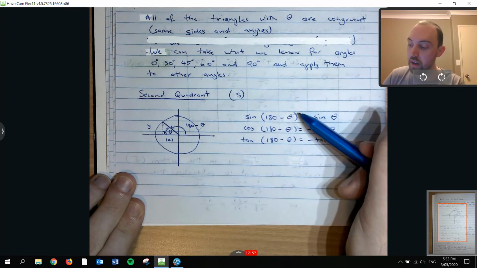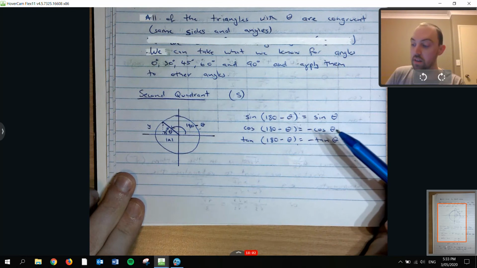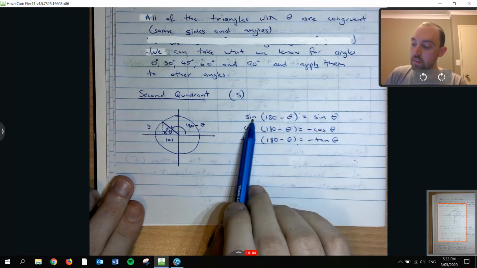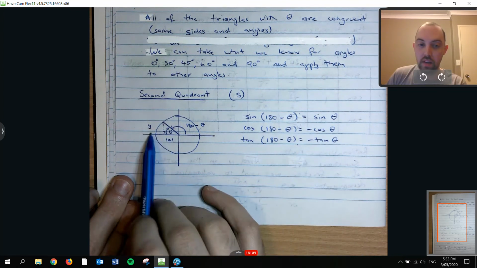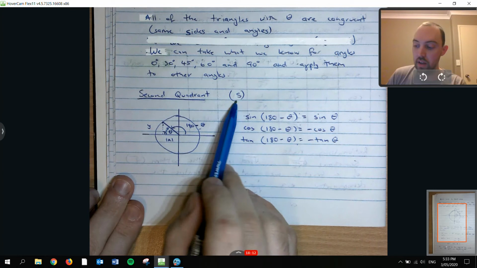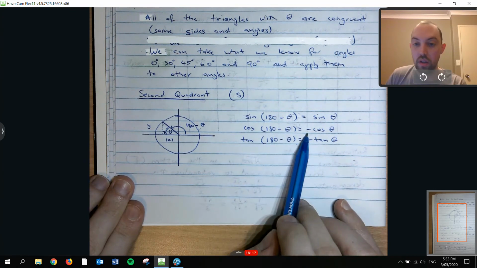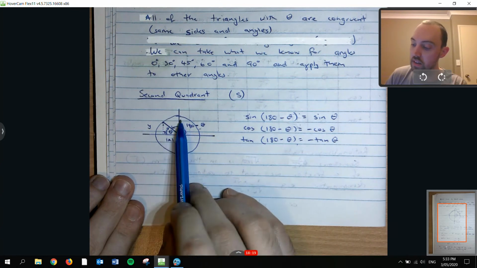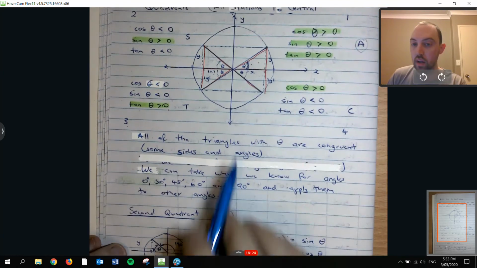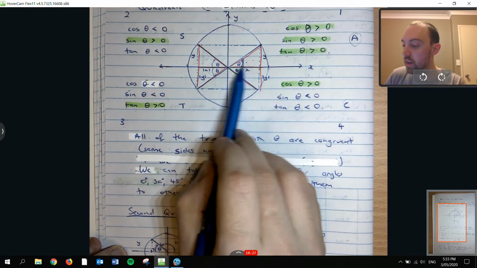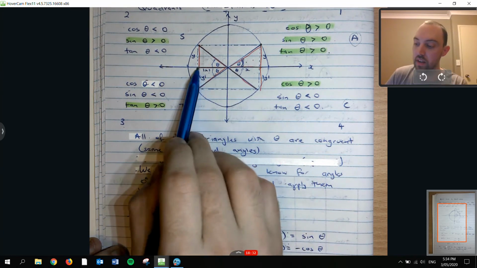And so we have a few trigonometric identities here that you're going to see around the place. Sine of 180 take theta is the same as sine of theta because sine is positive in the second quadrant, S. Cos of 180 take theta is negative in the second quadrant, same x values as what we saw in this, theta being in this direction, same x direction, but on the negative side here.